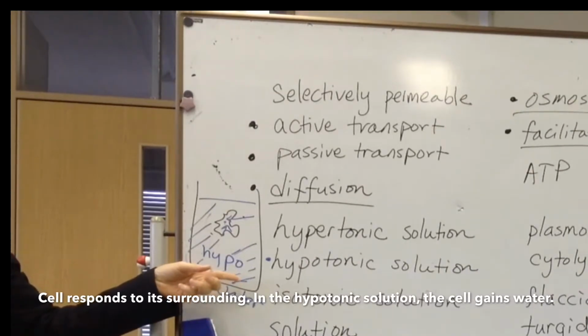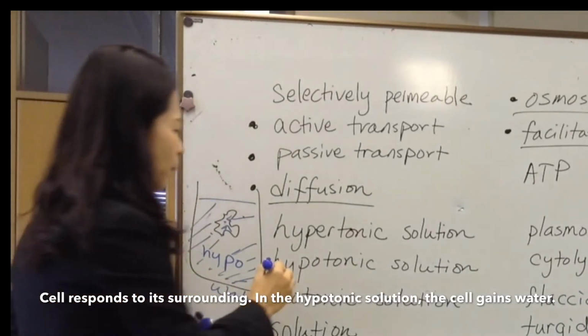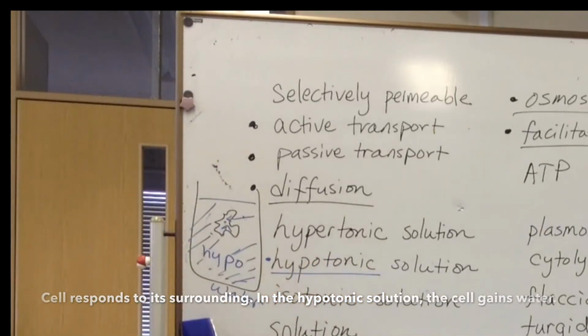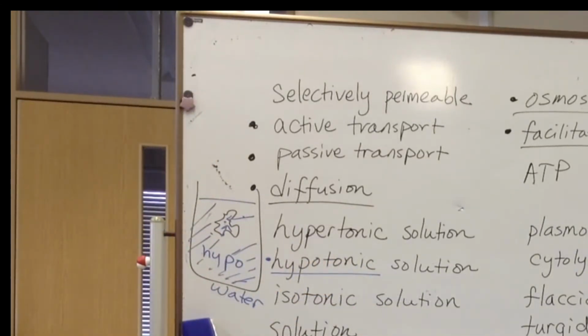Okay? Hypotonic solution. So what does the word hypotonic mean? Below strength. Okay? Hypo means under, hyper means over, right? Hyperactive is like very active. Hypo is the opposite of hyper.